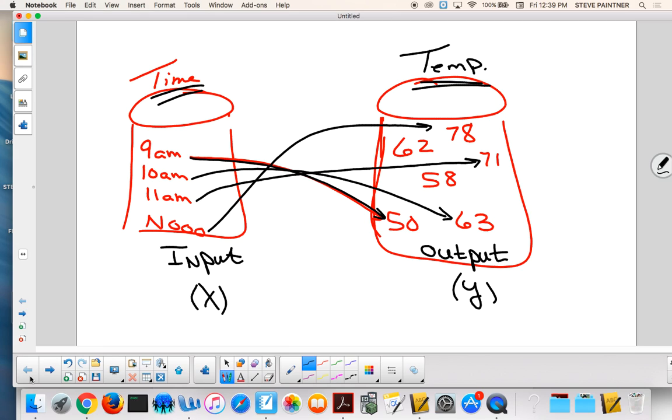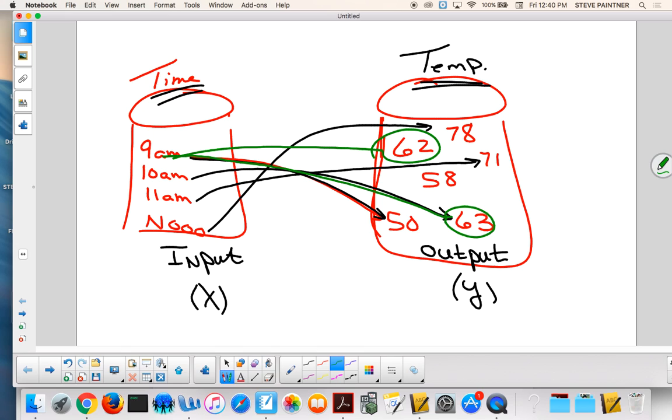Last characteristic says, an element in box A, inputs, domain, cannot be matched with 2 different elements in B. So, is this true? Can you do this? Can at 9 a.m. it be this temperature? And then can 9 a.m. be this temperature?